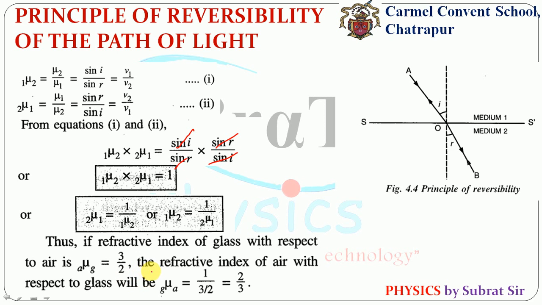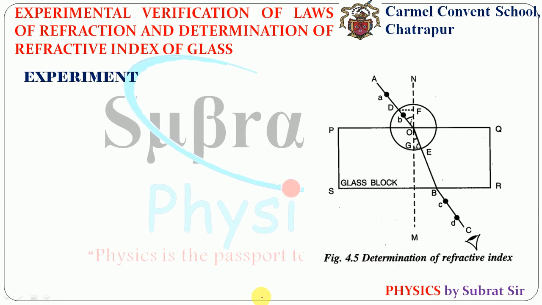Okay, so the refractive index of air with respect to glass can be written as 1 by 3 by 2, it will be 2 by 3. This is the reciprocal of A mu G. So G mu A is the reciprocal of A mu G.